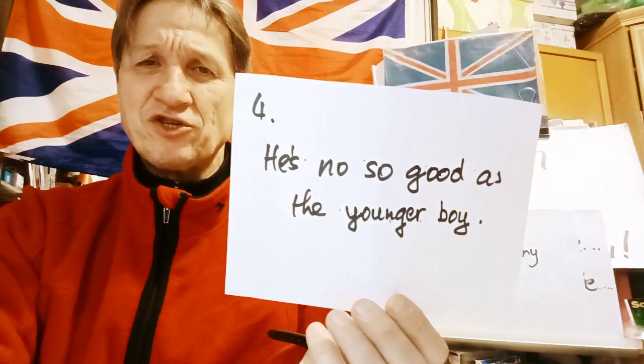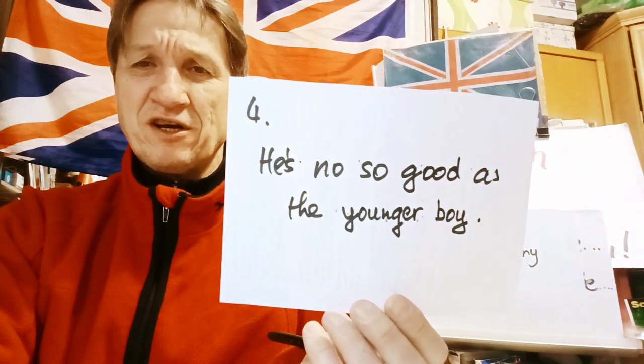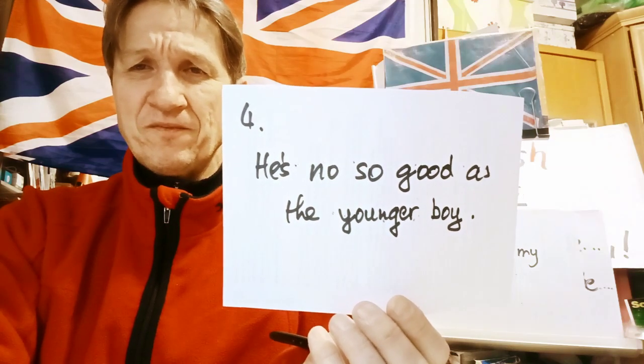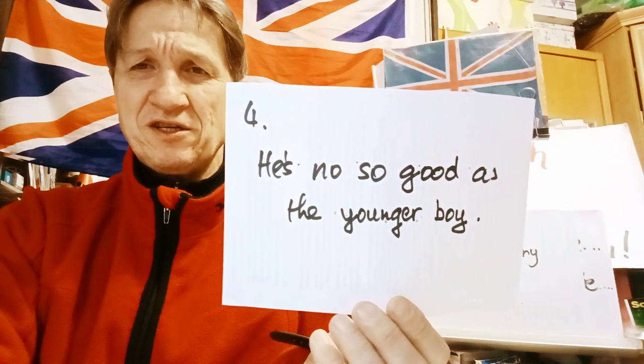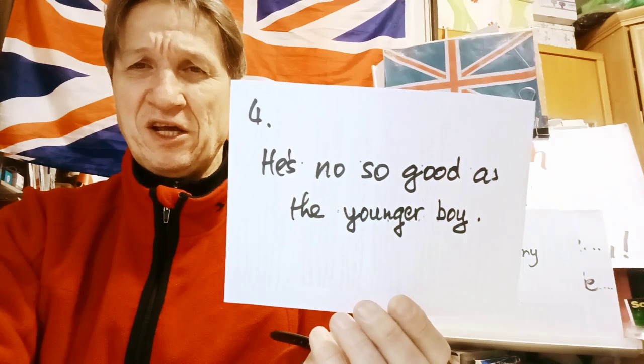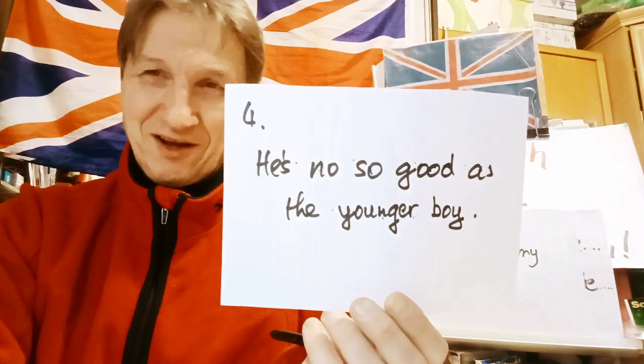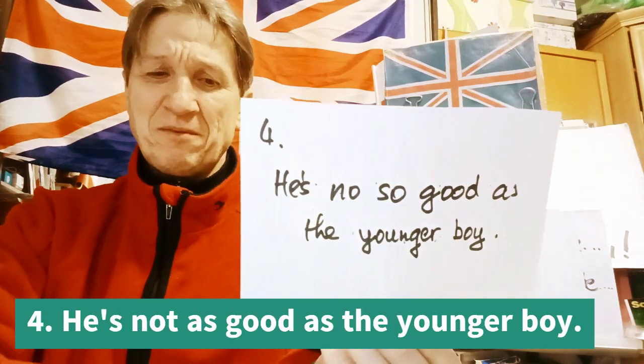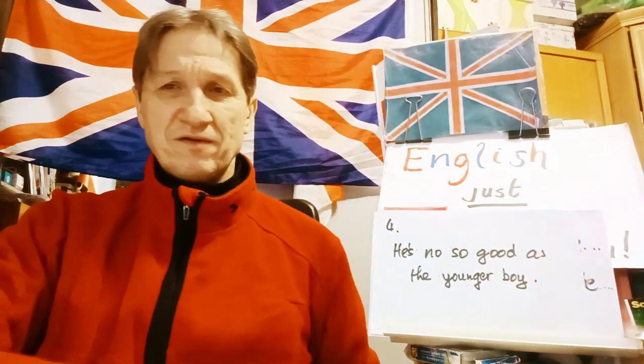So therefore the sentence should read, he's not as good as the younger boy. The younger boy's better. Or you could say he's worse than the younger boy. You could use the alternative comparative there. That's sentence number 4.